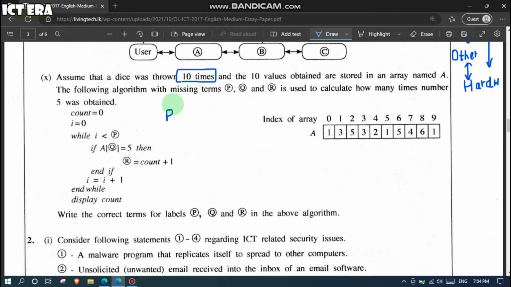So P I can write 10, and then if array Q means it should be if array I. Okay, array I. Then R is count equals count plus 1. That means new count is equal to existing count plus 1.